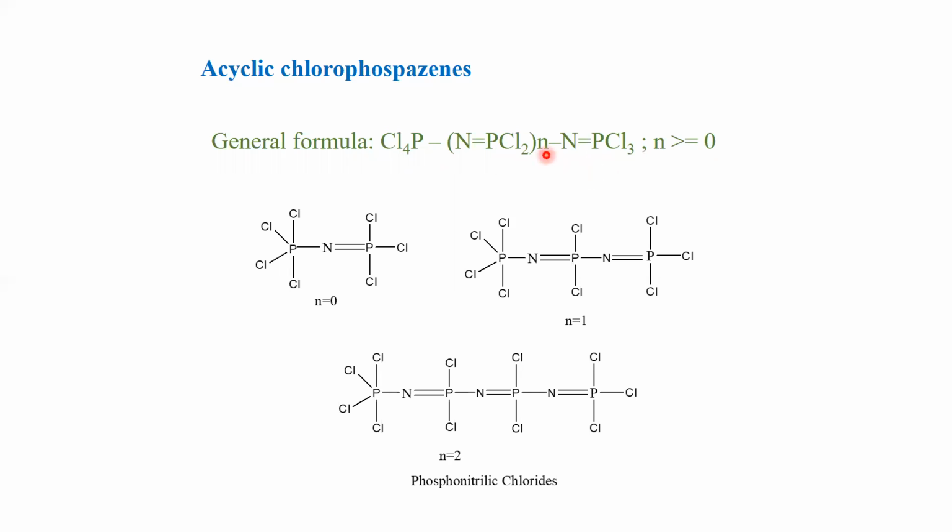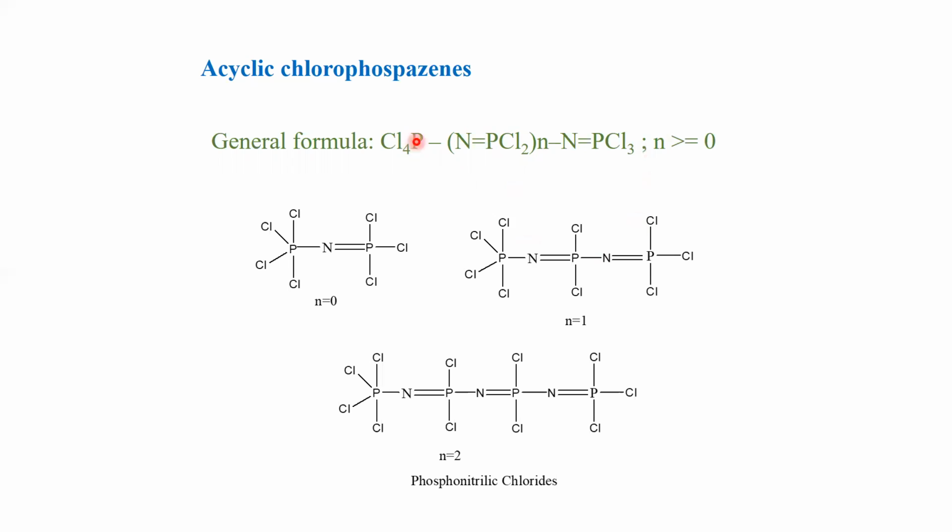If n is equal to 0, this part is absent. That is PCl4-N=PCl3. This is the compound when n is equal to 0. When n is equal to 1, there is one unit of N=PCl2.